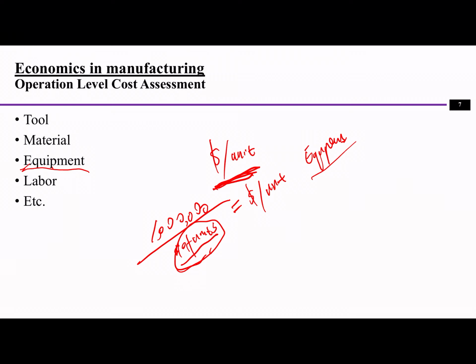Labor is the same. Most of the time they are paid by salary, so you have to pay them regardless of how many parts they make. Sometimes there can be fines. Sometimes there are compensations.